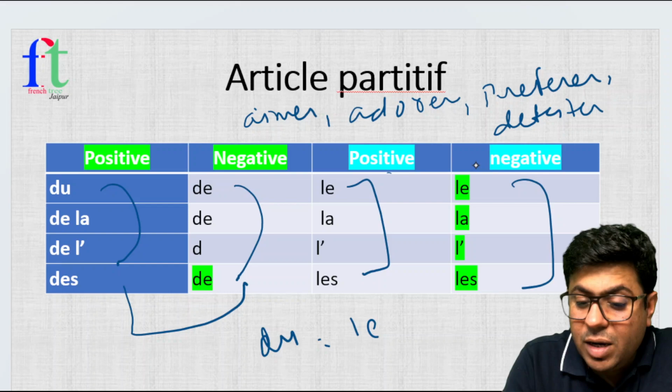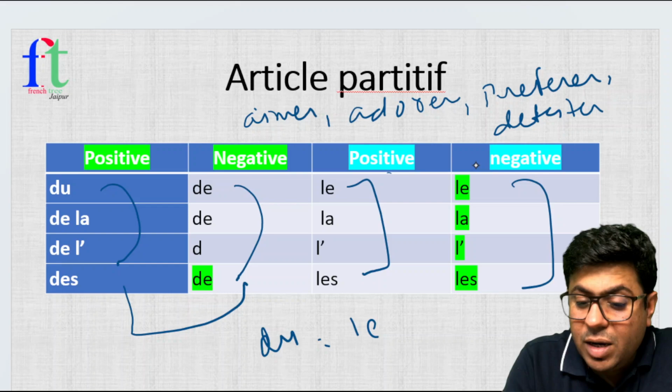Instead of du, de la, you will use le. Le for masculine, la for feminine, l' before a vowel, and les for plural. You are getting it? Only with the four verbs aime, adore, préfère, déteste, you will use article défini instead of the partitive.